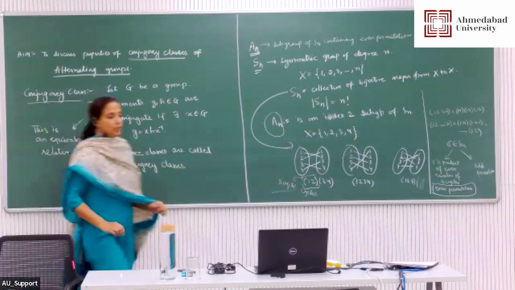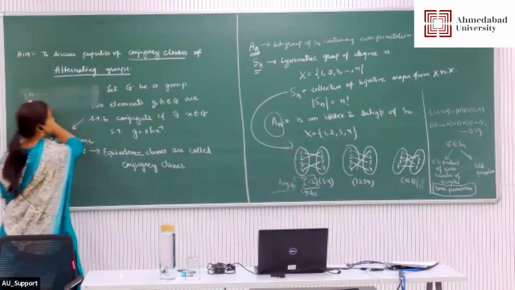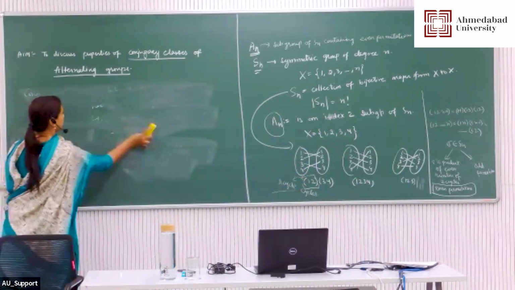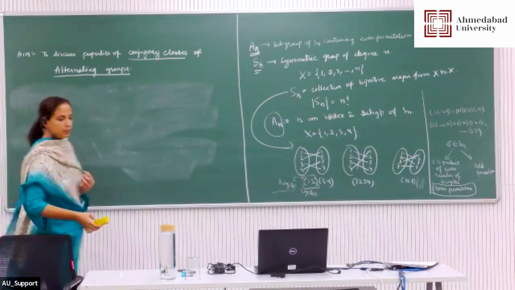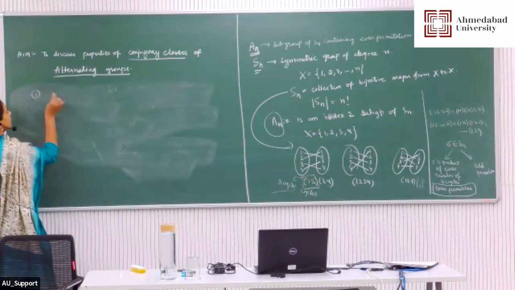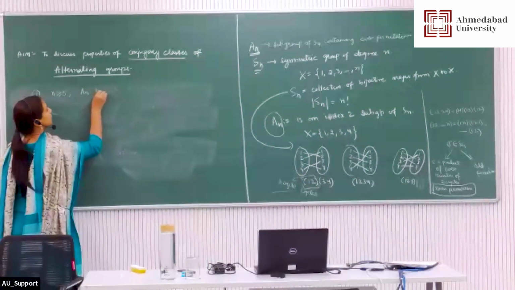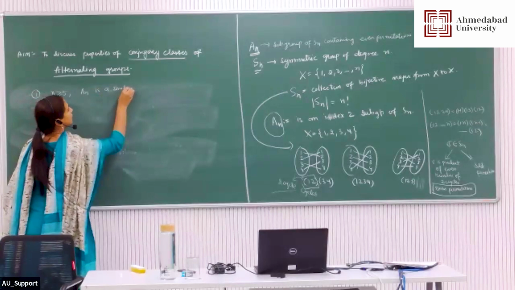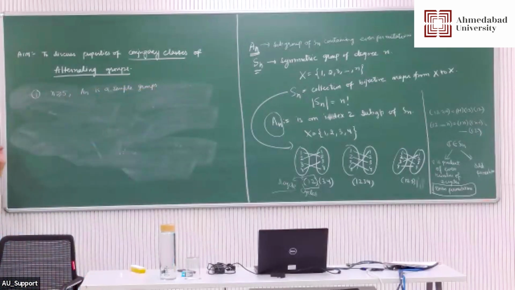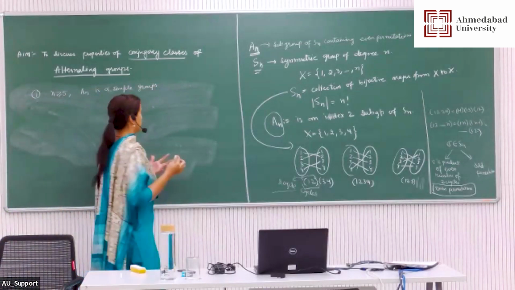Is this fine? So next, why are we trying to study conjugacy class properties and the alternating group? I'm going to answer that question. First of all, why did we choose the alternating group? One thing is that for n greater than or equal to 5, the alternating group is a simple group, and for group theorists, simple groups are important because simple groups are the building blocks of groups, just like the prime numbers are building blocks of natural numbers.